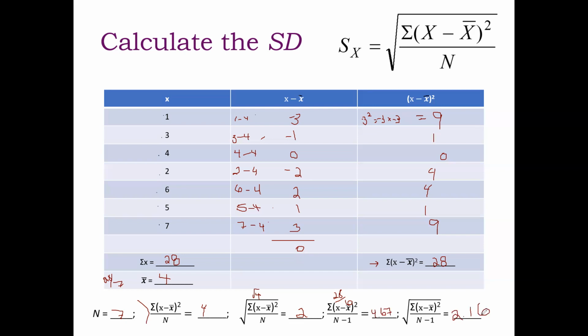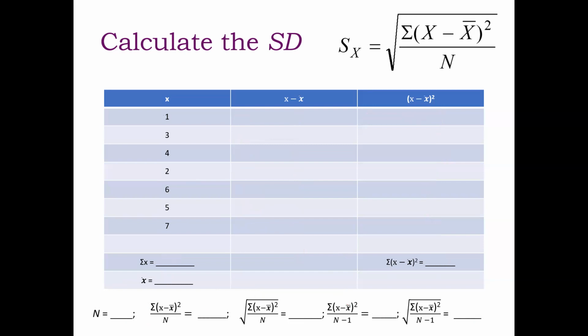All right, so that's the full example of how to get the sample standard deviation and sample variance and the population standard deviation and population variance. Now, when we get to SPSS, SPSS will give you the estimated population values. So SPSS gives you the estimated population variance and estimated population standard deviation.